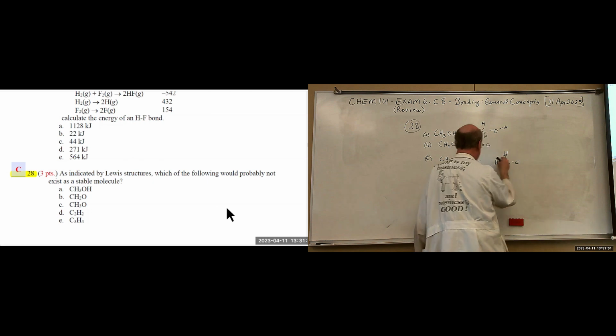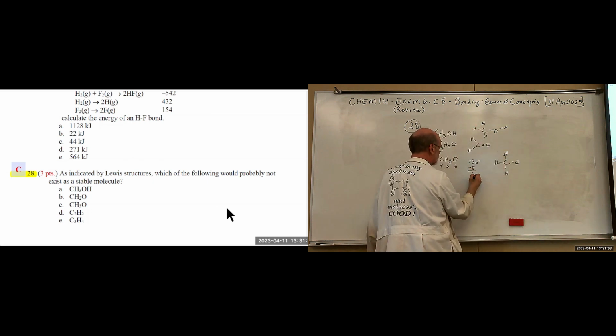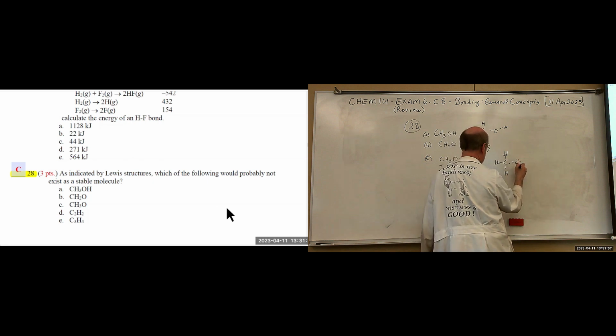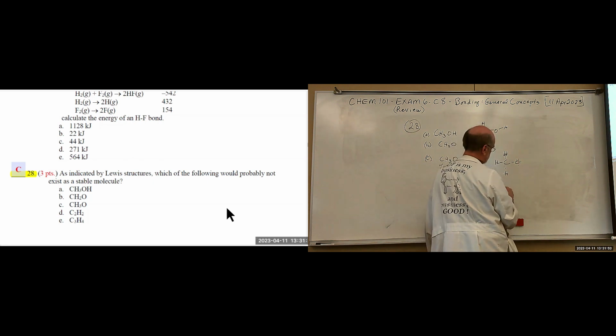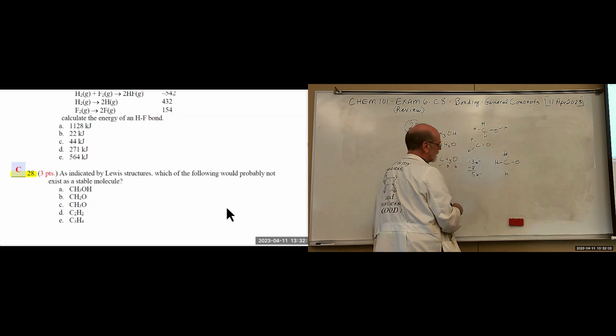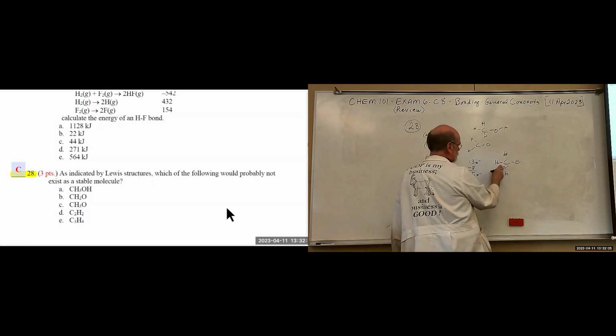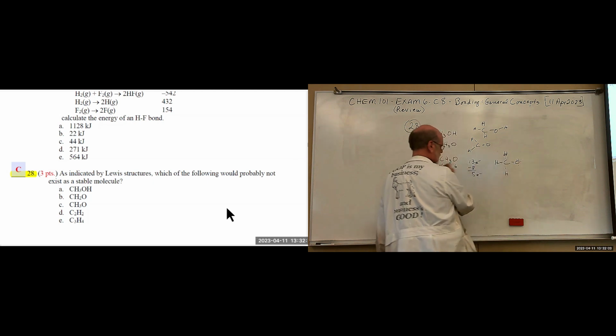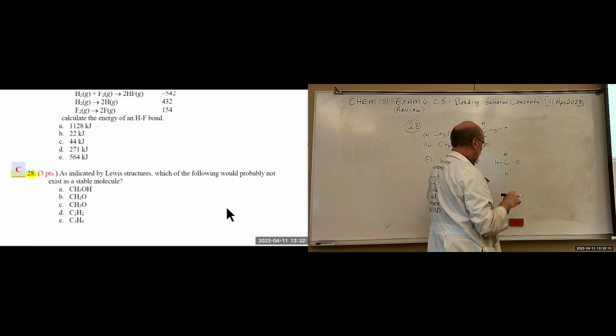Okay, 2, 4, 6, 8. Minus 8 is 5 electrons. So we need 2, 4, 5, 6, 8, 10, 12, 13. That's right. Okay. So why is it not stable?